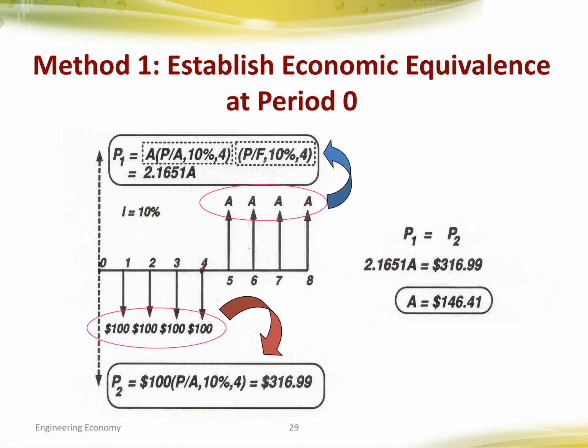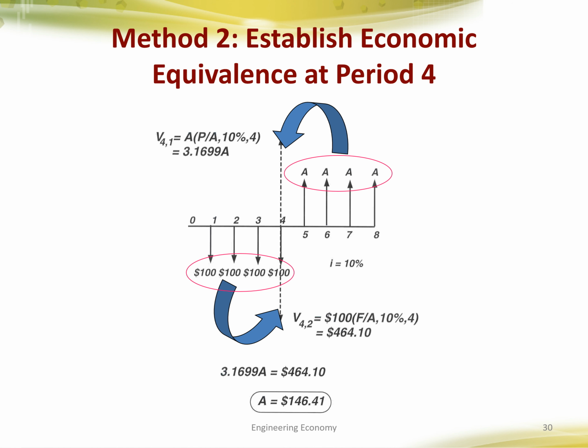Similarly, we can convert this 4 equal payment of A from year 5, 6, 7, 8 to year 4. If we convert them to the same time point, they should have the same amount because they are of the same value. They are economically equivalent. So we can convert it to any point.